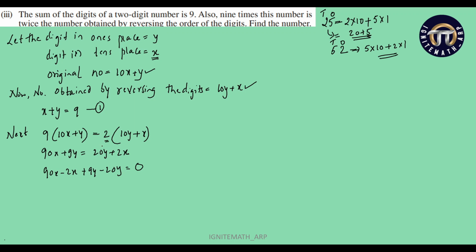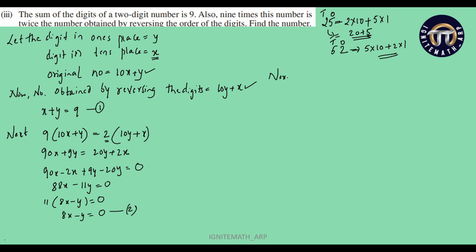Now this becomes 88x minus 11y is equal to 0. If I take out 11 common, then 8x minus y is equal to 0 by 11, which is 0 itself. That is going to be the second equation.